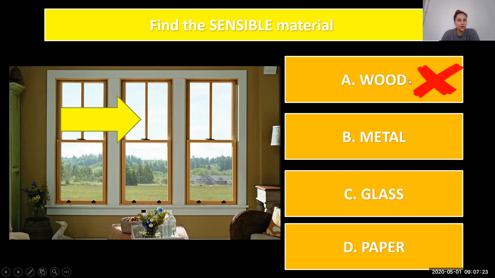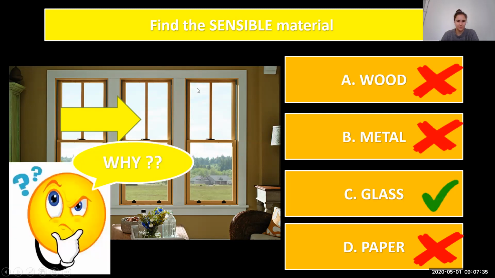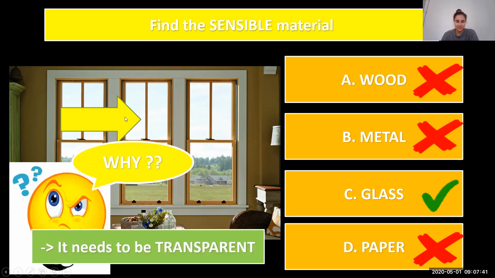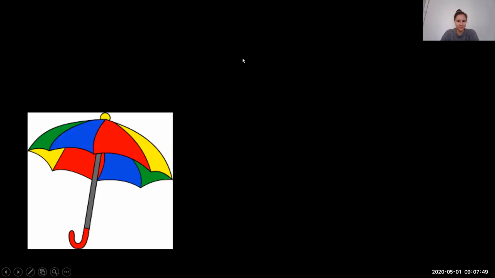So wood would not be a sensible material. That is silly. Metal is also silly. Glass is a sensible material, and paper would be a silly material. Why? Because wood, metal, and paper are not transparent. They are opaque. So it would be a silly idea to make a window out of those materials.